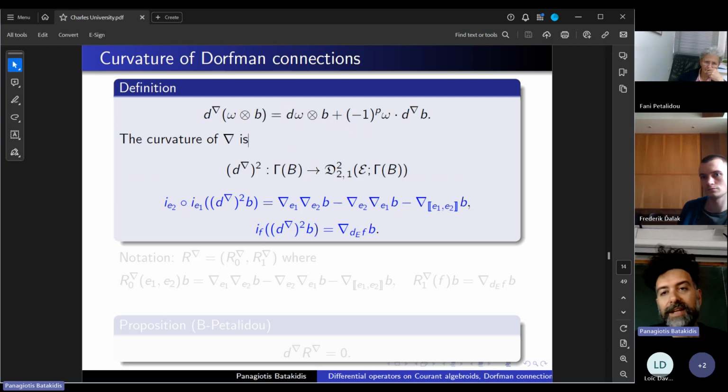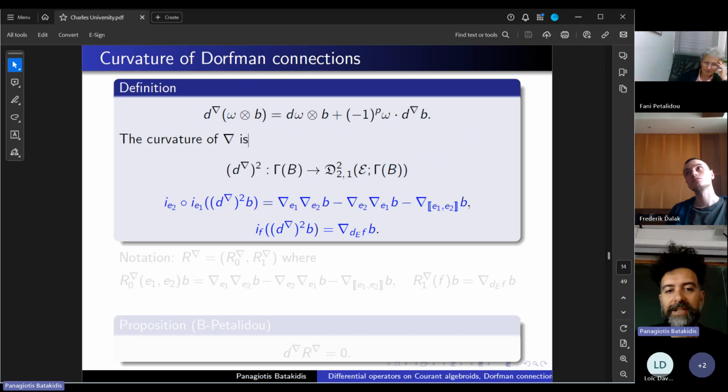Because this was not going to happen anyway for linear Courant algebroid connections. But here on top of that, your connection is not linear, so it's going to be messed up even worse. But the interesting thing is that if you take the square of this Dorfman connection, the space you arrive in is actually one of these spaces that we have constructed before.